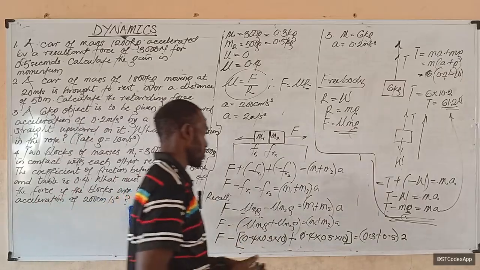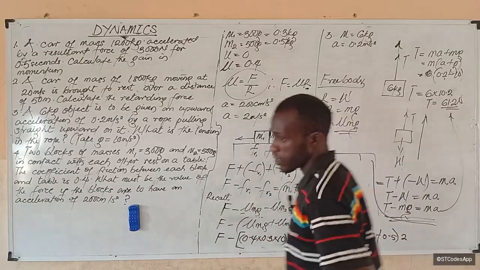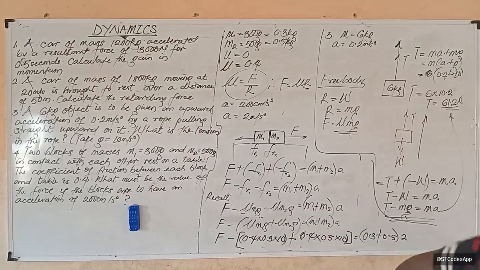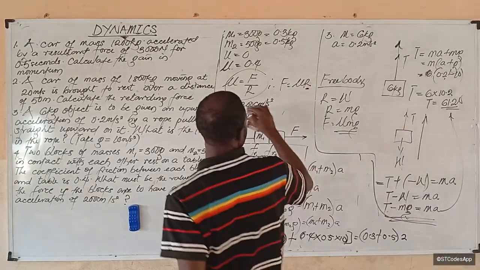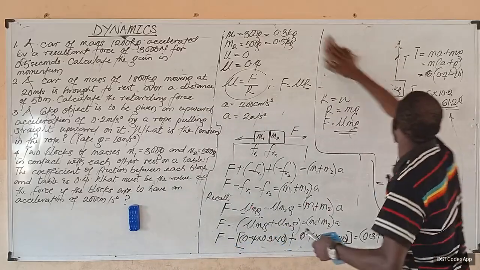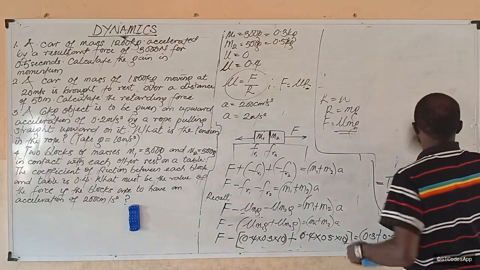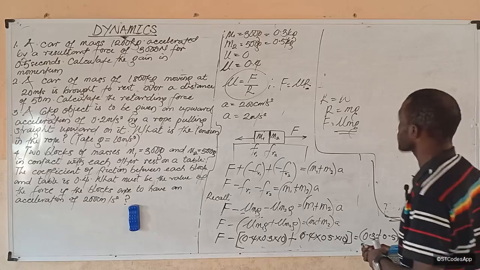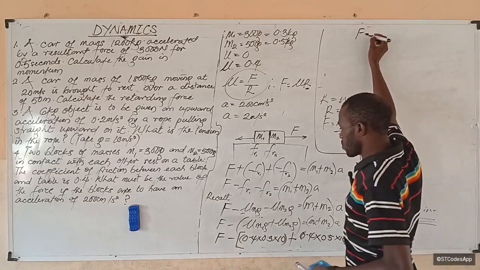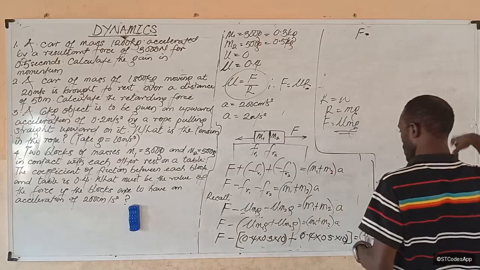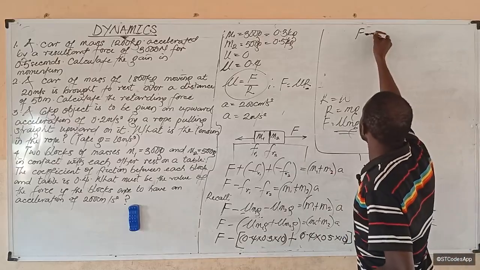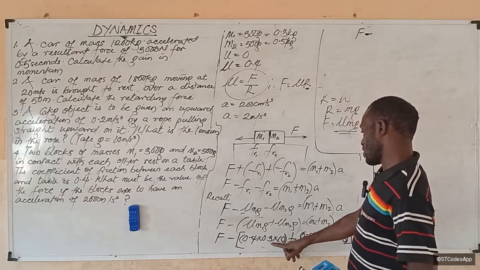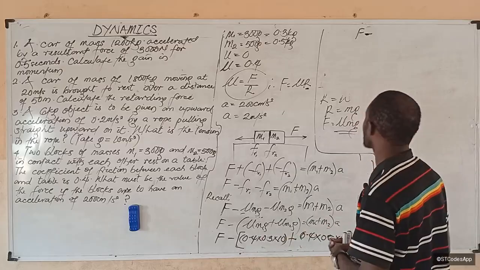Okay, so we can now solve our question using the calculator. So F will be equal to, all these guys will come here, F minus 0.4 times 0.3, that will be 1.2.